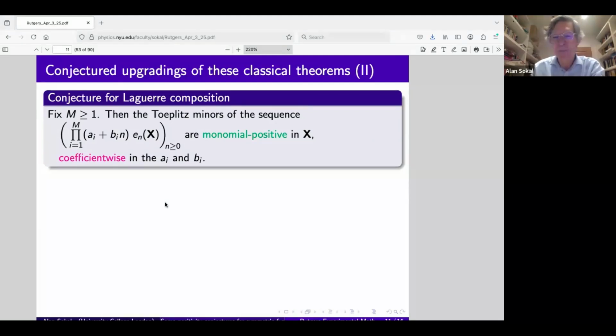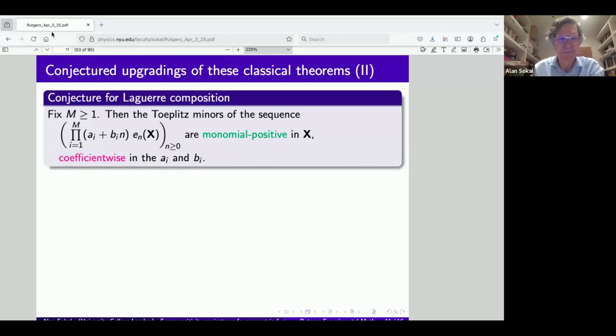That's just a very simple identity relating AD minus BC and A'D' minus B'C'. So for 2 by 2 minors, it's trivial. So how about 3 by 3? For 3 by 3, I know nothing. It's still open for 3 by 3.